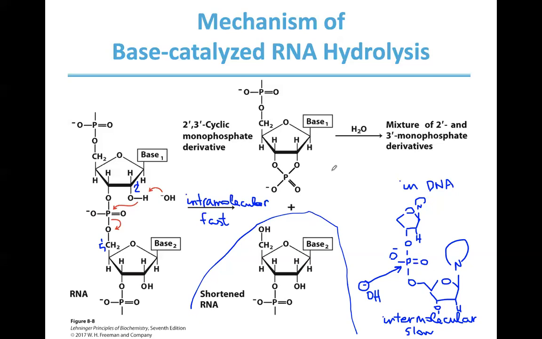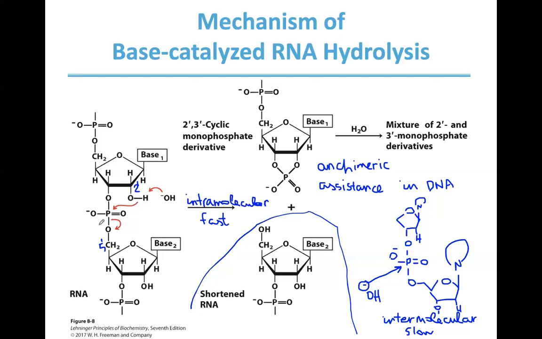It comes down to a simple concept in organic chemistry known as anchimeric assistance. Anybody remember what that means? Also known as neighboring group participation. Anchimeric assistance, basically the assistance of this hydroxy group, right?